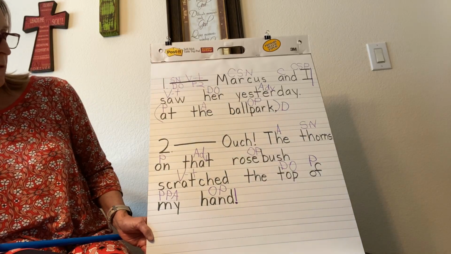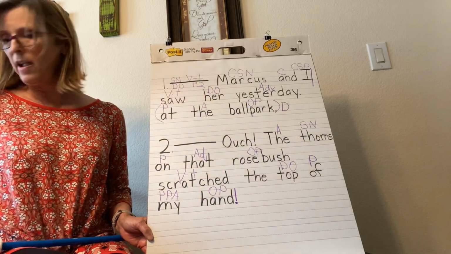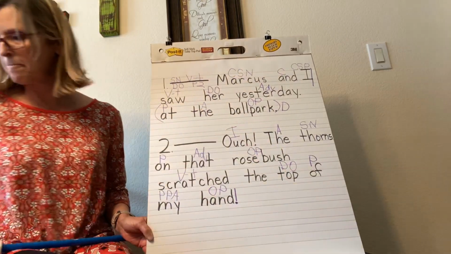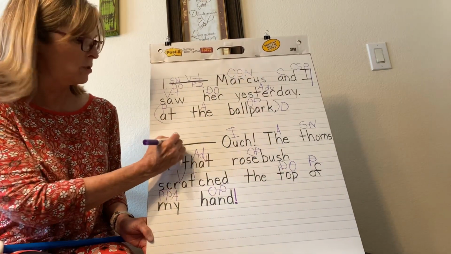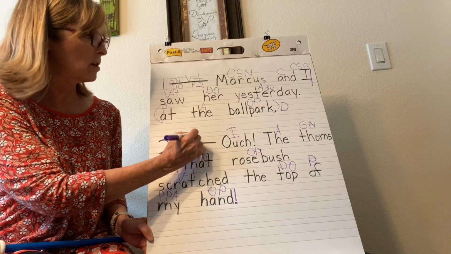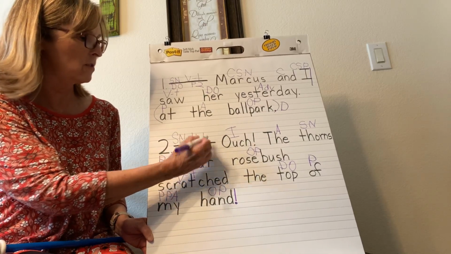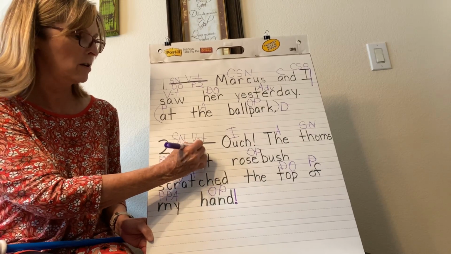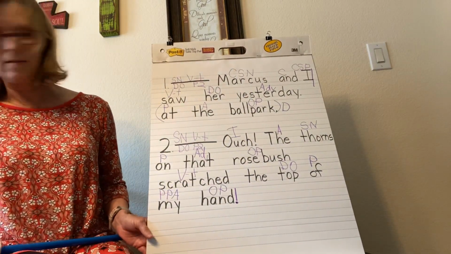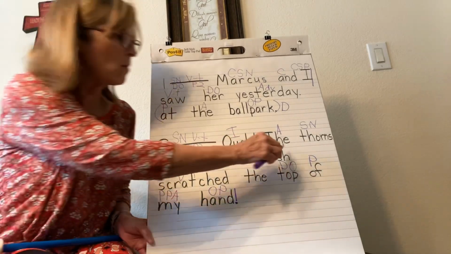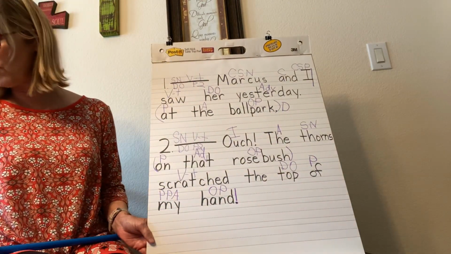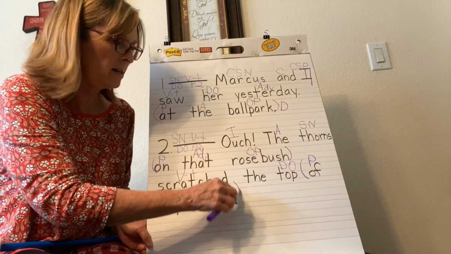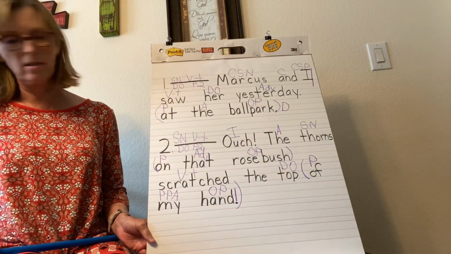See if we got everything. All right. Ouch, interjection. Subject, noun, verb, transitive verb, direct object, pattern 2. Skill check. On that rose bush, prepositional phrase. Of my hand, prepositional phrase.